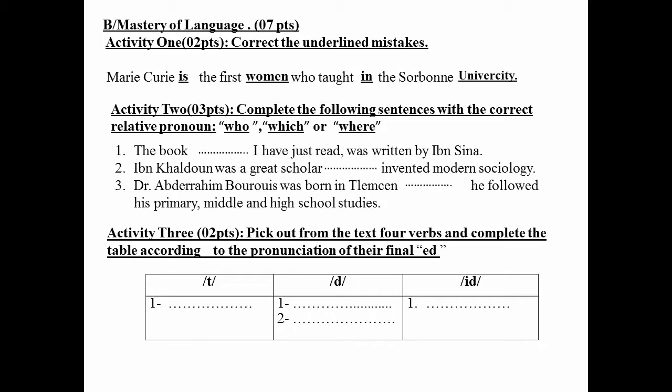Ibn Khaldun was a great scholar invented modern sociology. 3. Dr. Abdurrahim Borwis was born in Tlemcen. He followed his primary, middle, and high school studies. Okay, so you have to complete them and put the correct relative pronoun for each sentence.